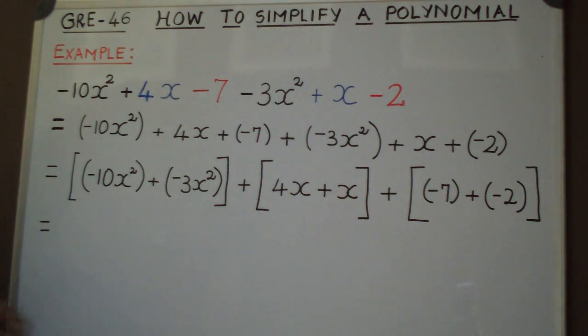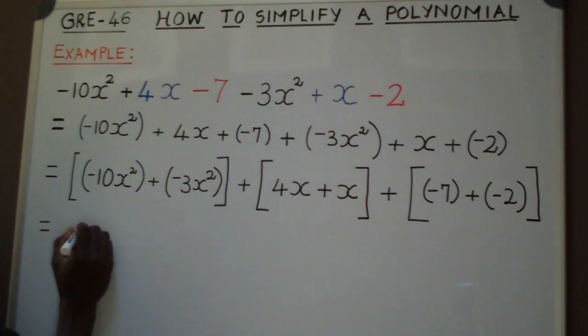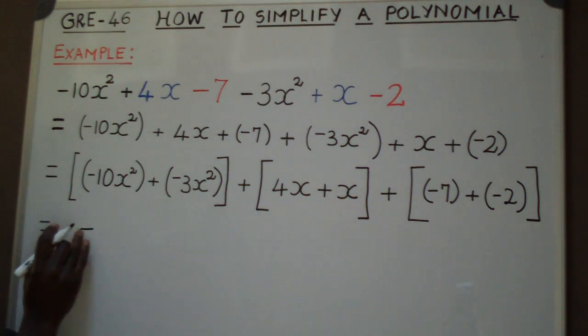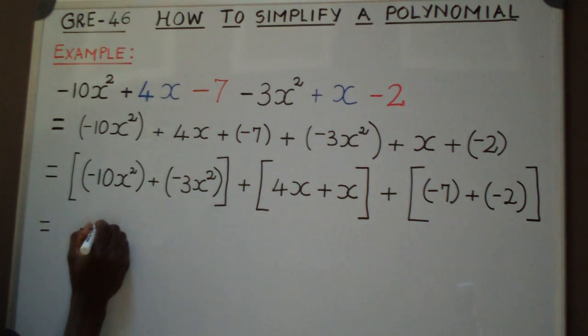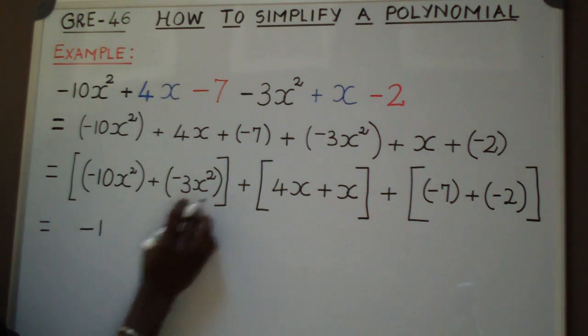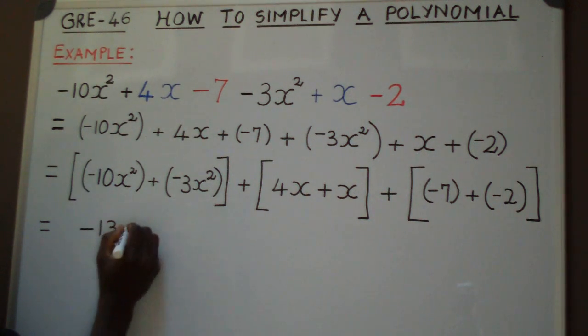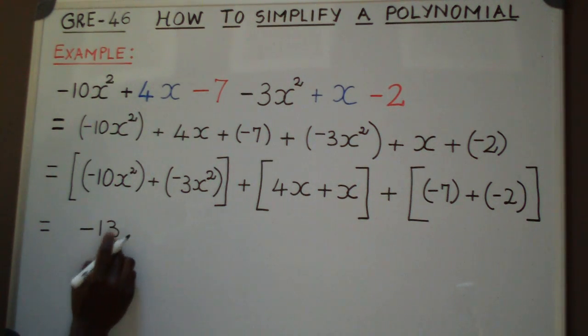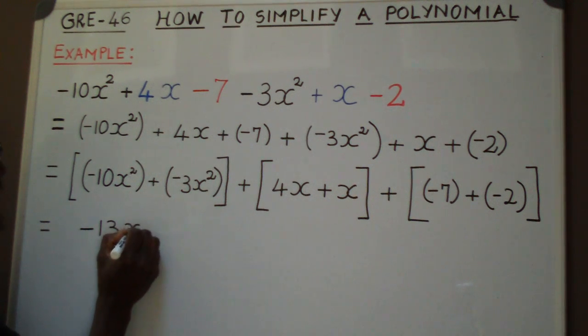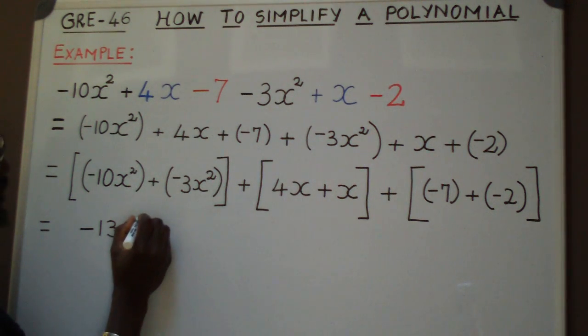Well, what I feel is that I have lost 13 apples. So here the loss is symbolized by the negative sign. Therefore the content of this square bracket here is the loss of 13 apples, so therefore it is negative 13x squared.